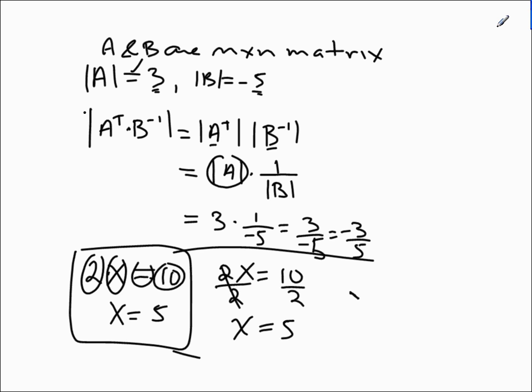Well, wait a moment. Why is that 5? The teacher's response, I would suspect, would be, you should know it. You should know what 10 over 2 is. Well, then you should know why not know that 2 times 5 equals 10? Okay, you showed all your work here.